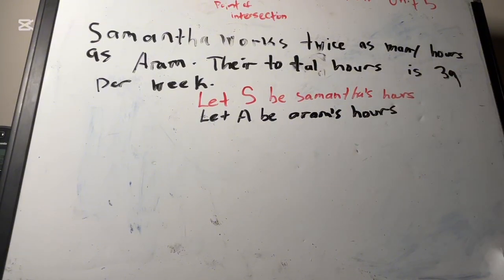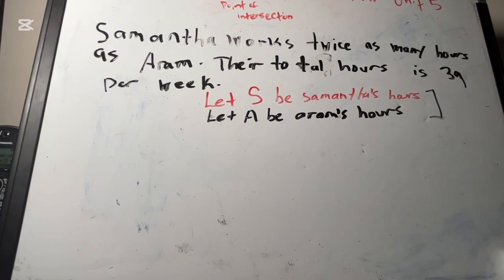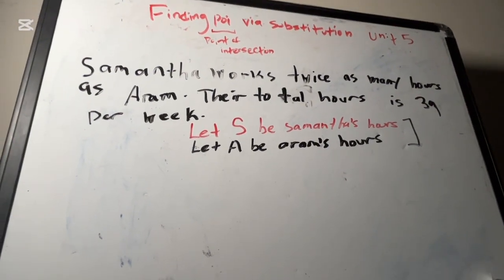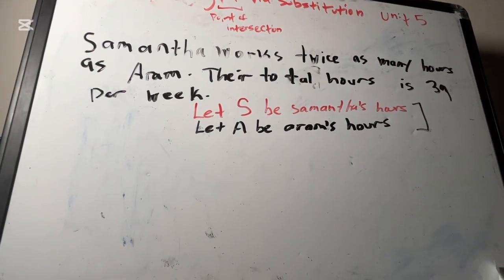So I'm going to start a bit left this time in order to save some space, but essentially we have representations and variables for each of the subjects in the question, which is Samantha and Aram. So now it's time for us to ask, what exactly do we need to know from the equation?